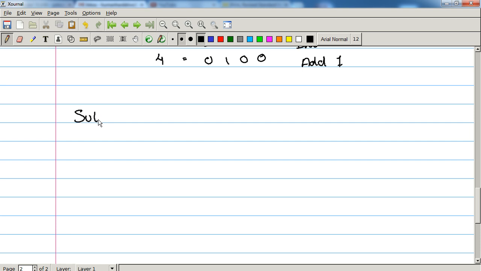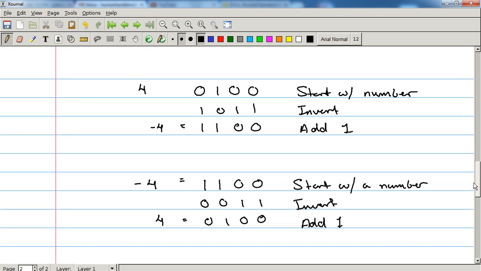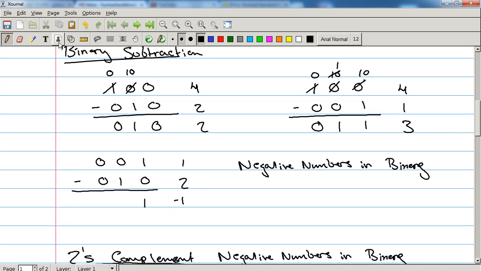So if we talk about the process of subtraction, if you take a minus b, it's the same thing as saying a plus negative b. So subtraction is just addition of the 2's complement. So let's go back to the example we had here.